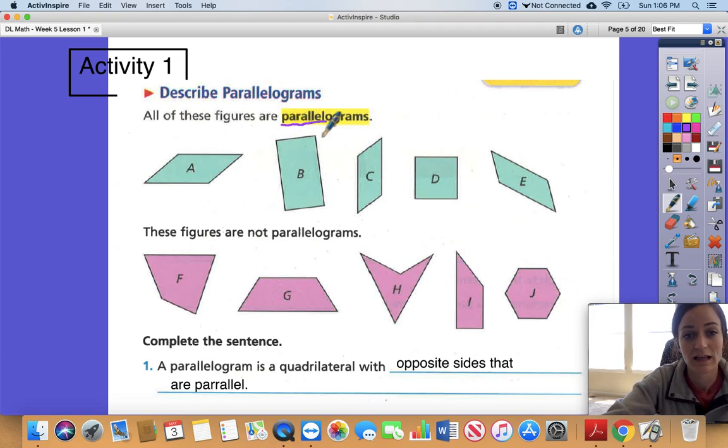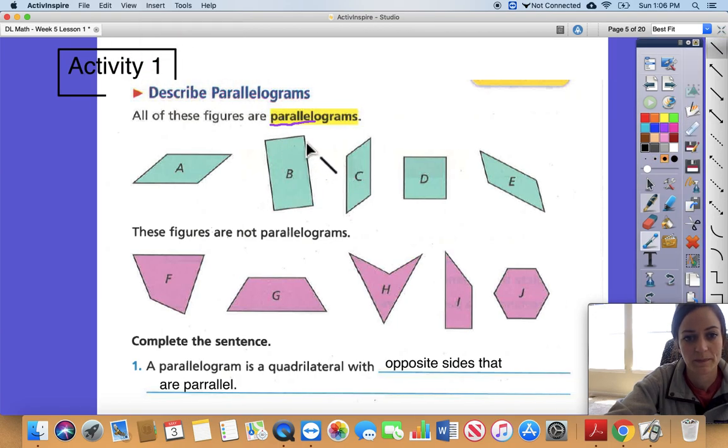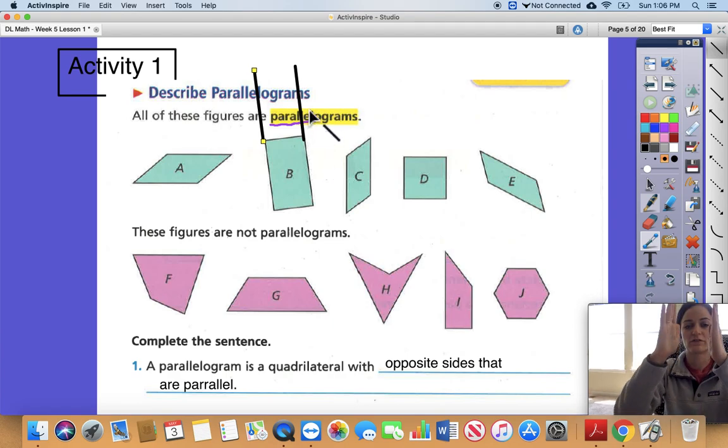Okay, so parallelograms, if you look, these have parallel sides. Do you see that? So if I were to extend these, I think I have this tool. Let's see if it works. If I were to extend these lines out, they would never touch each other. They would just keep running forever and ever and ever and never touch, okay?